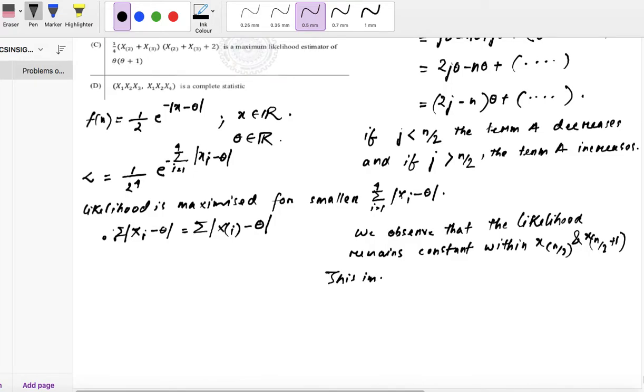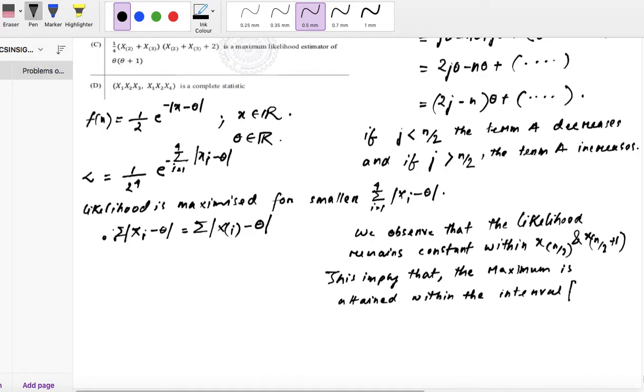This implies that the maximum is attained within the interval, these being order statistics, within the interval x n by 2 to x n by 2 plus 1.